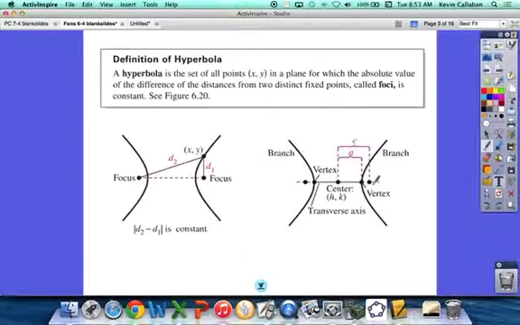So which is going to be bigger for a hyperbola? C will always be bigger than A. That's exactly reversed from what we had with an ellipse. For an ellipse, A was always the biggest. For a hyperbola, C is always the biggest, because the vertex and the focus have kind of switched relative positions here.